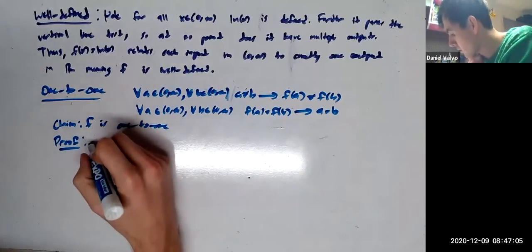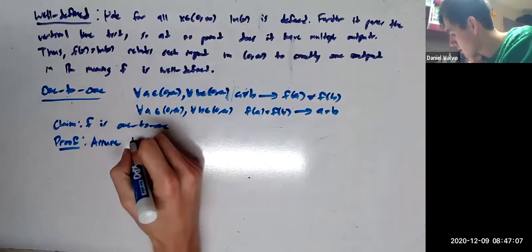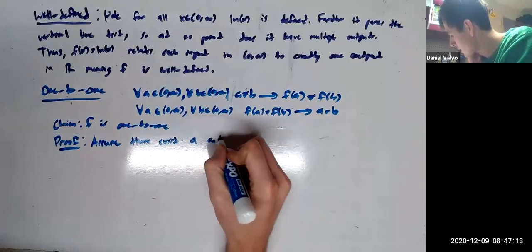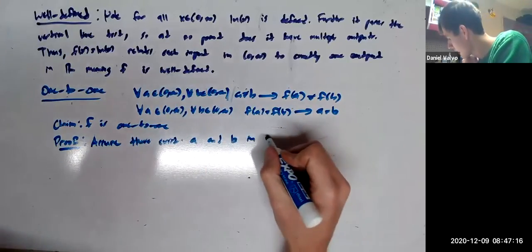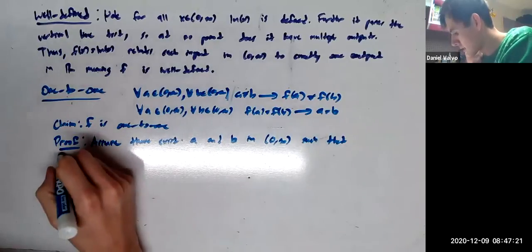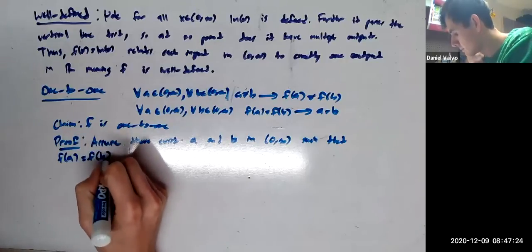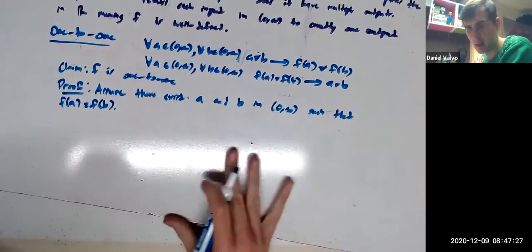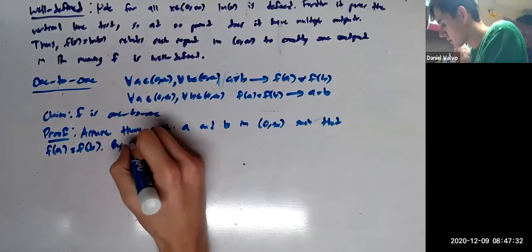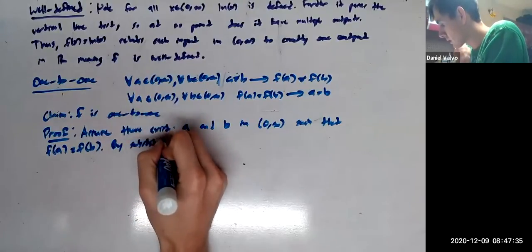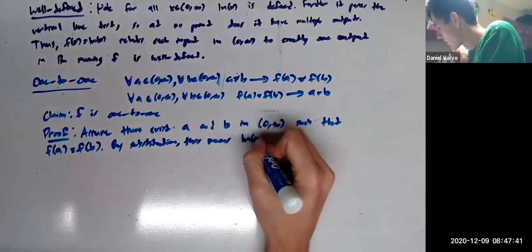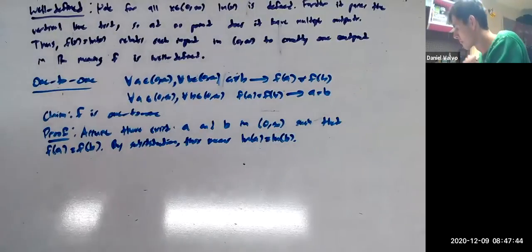And that is we're going to assume there exist A and B in our domain such that f of A equals f of B. And note we're talking about our function is ln, so by substitution, this means that ln of A equals ln of B.